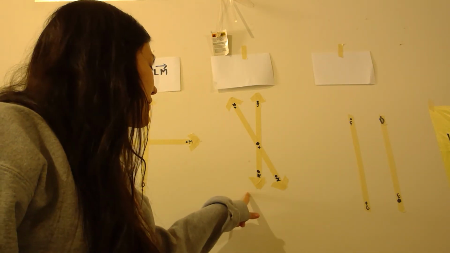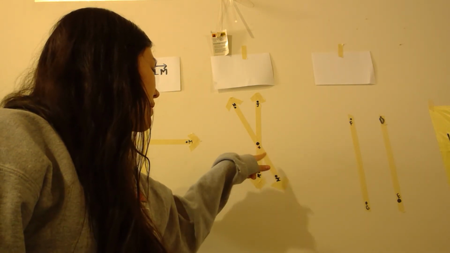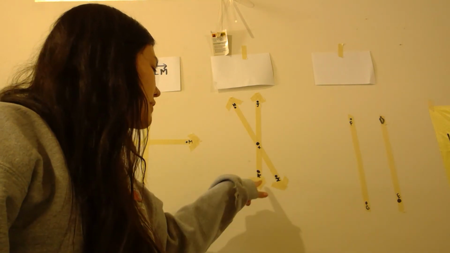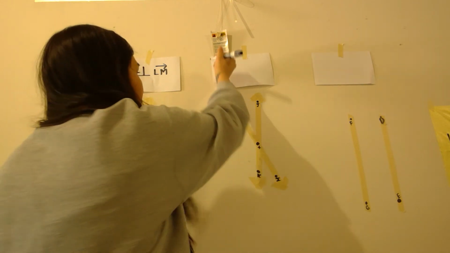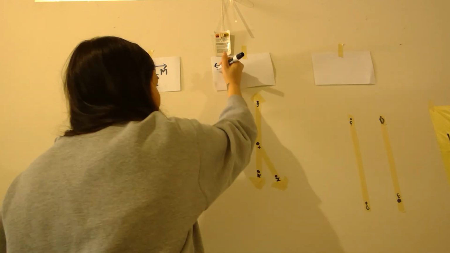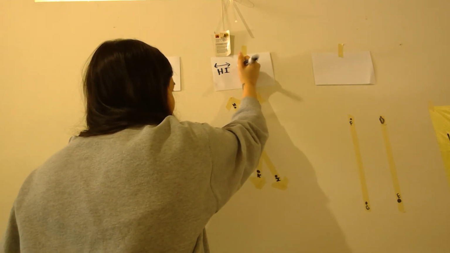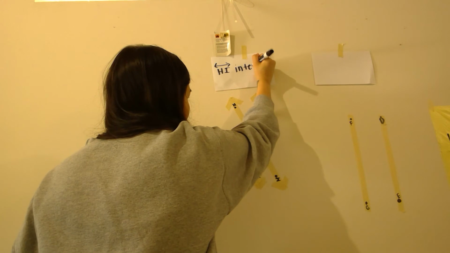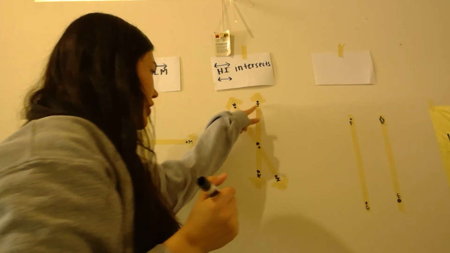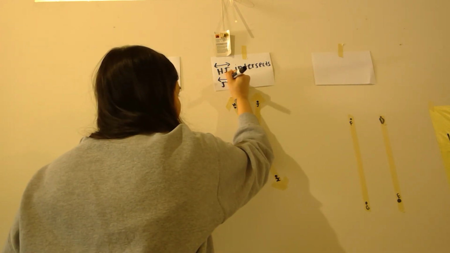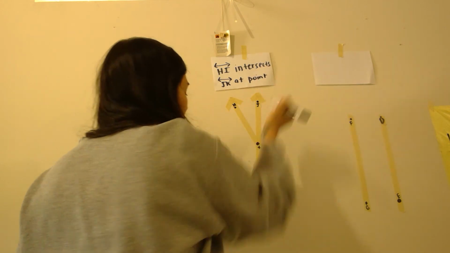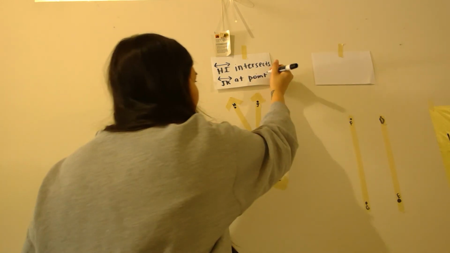These lines are intersecting because they intersect, but they don't form 90-degree angles. Notice that these have arrows on the end, so these are lines. So line HI intersects line JK at point, and then look at where they cross, where they intersect, and it's point X.